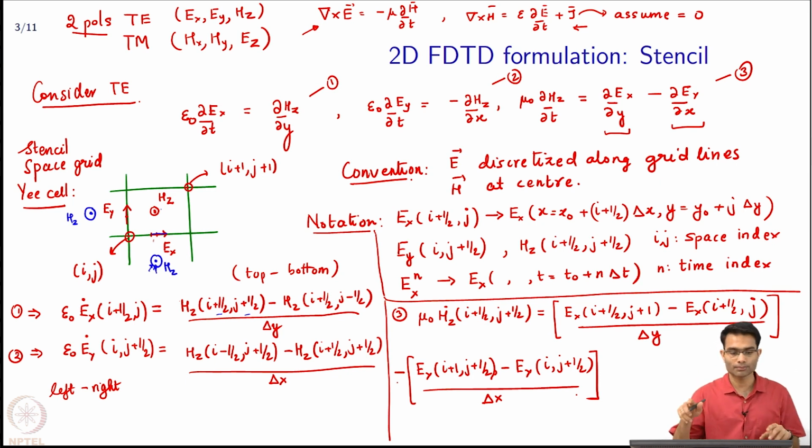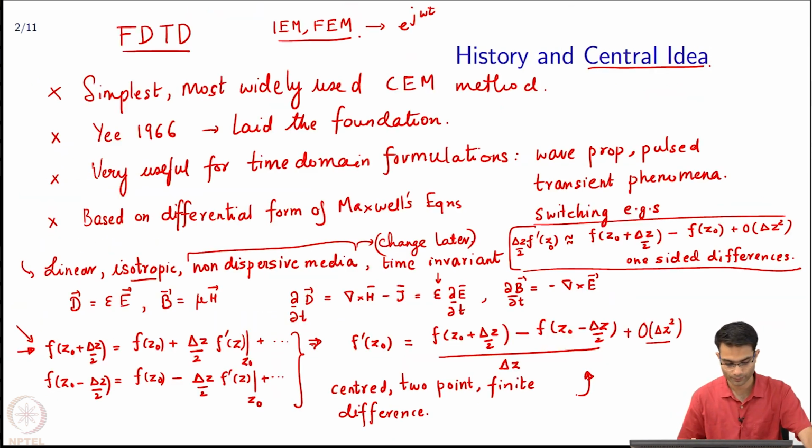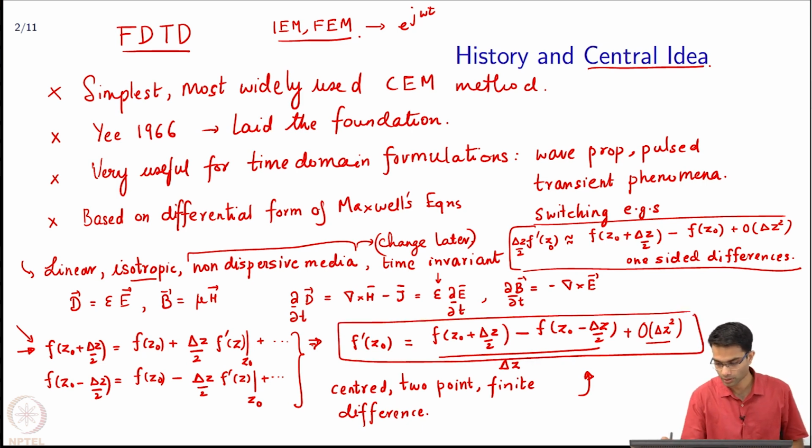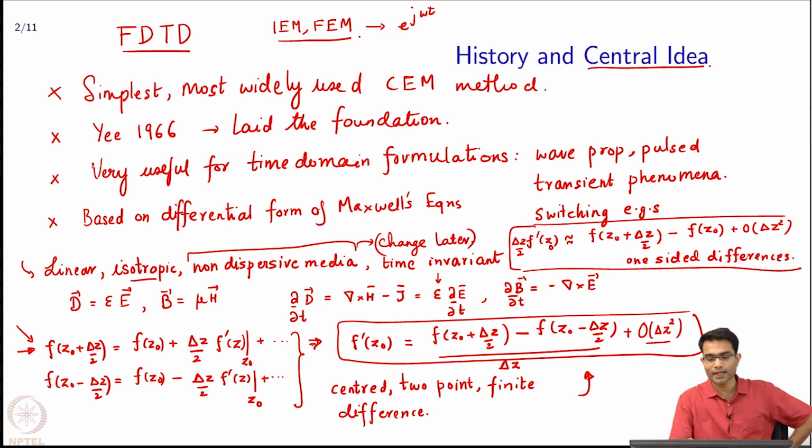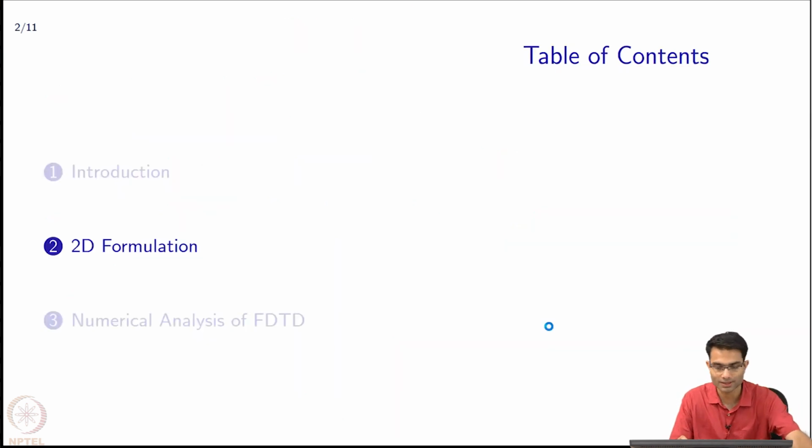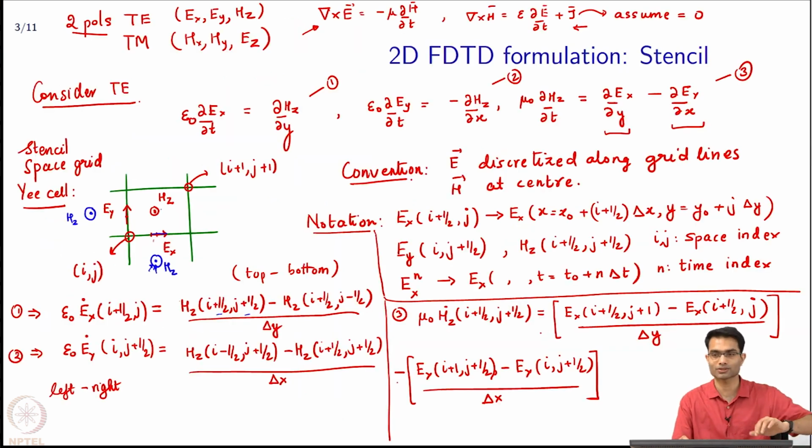If you look back at this expression, the right hand side is f of z naught plus delta z by 2 minus f of z naught minus delta z by 2. This is an accurate estimate of f prime at which point? Z naught, the average of the two points. That is the reason this staggered grid is chosen.